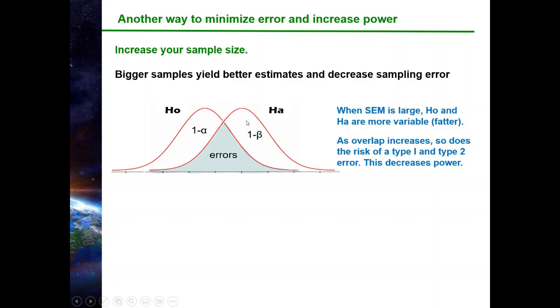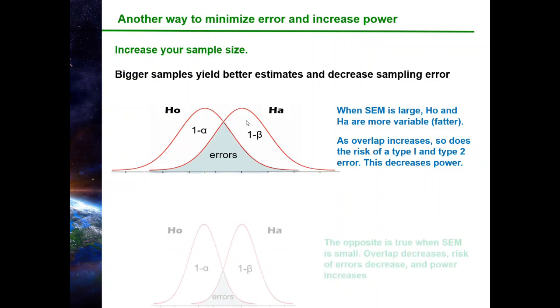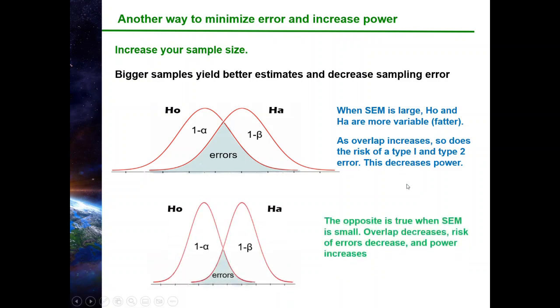So what can we do to help the situation? Well, we can test more people, and by doing so, we reduce the SEM, we reduce sampling error. And what happens when SEM gets smaller? Well, the distributions become skinnier. They become more leptokurtic. So as they become skinnier, there's less overlap between them.